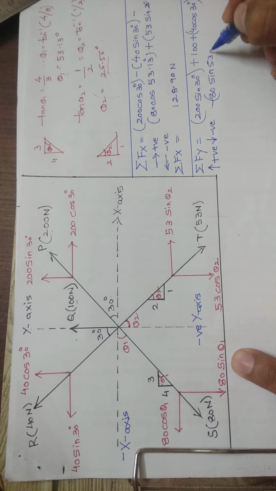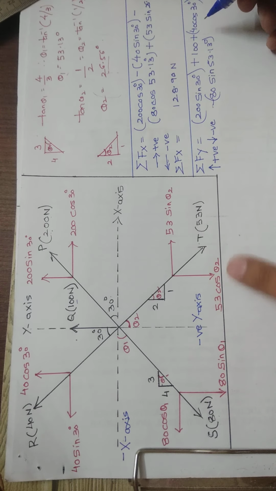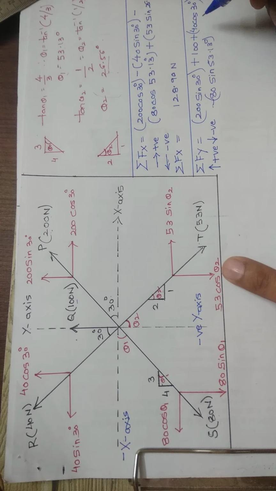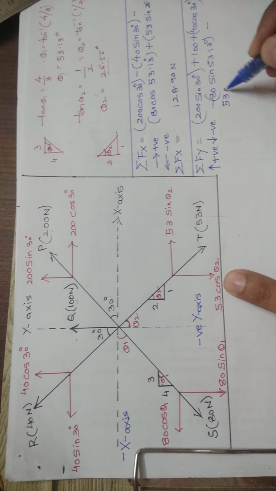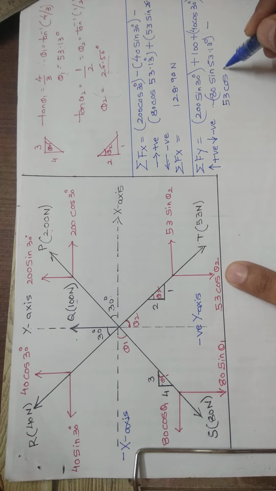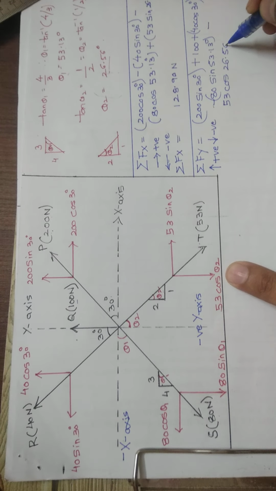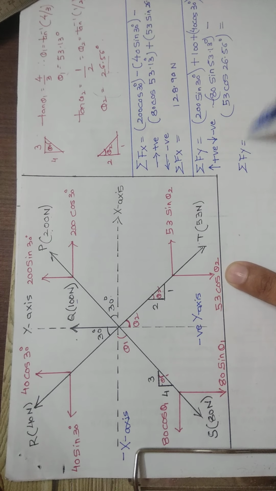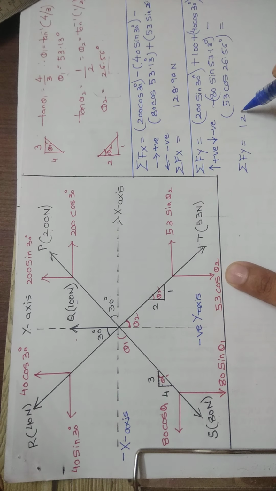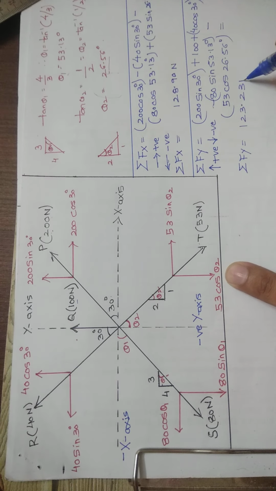Theta 1 in this case is 53.13 degrees. Again, the last force 53 is minus, because it acts in the downward direction: 53 cos of theta 2, where theta 2 is 26.56 degrees. Putting in the values: plus 200 sine 30 degrees, plus 100, plus 40 cos 30 degrees, minus 80 sine 53.13 degrees, minus 53 cos 26.56 degrees. The summation of Fy comes to be 123.23 Newtons.